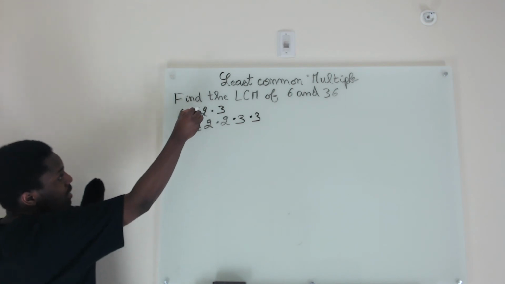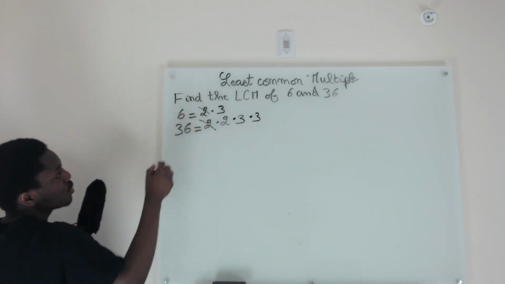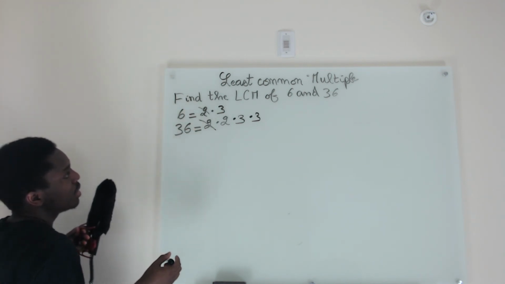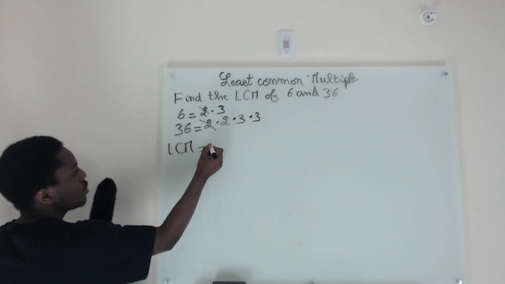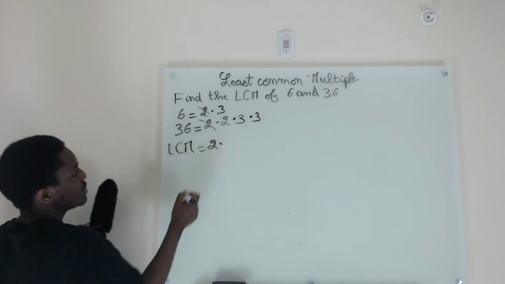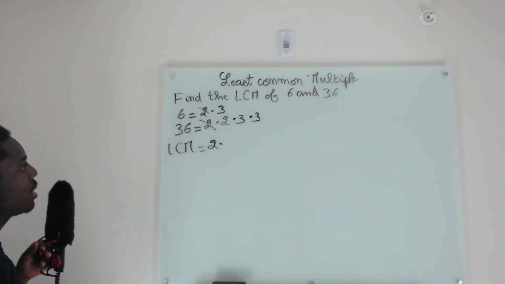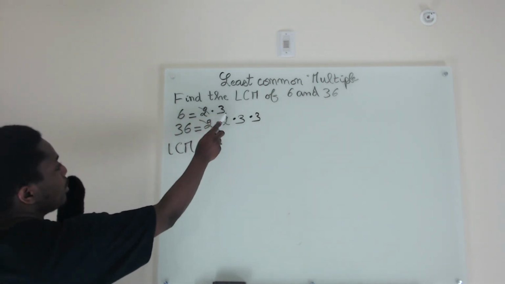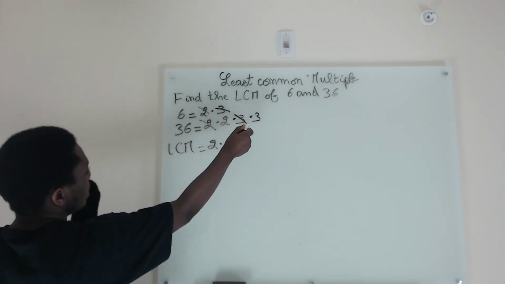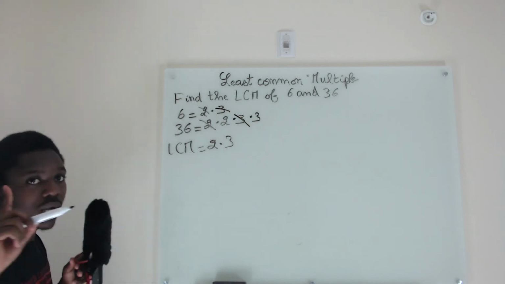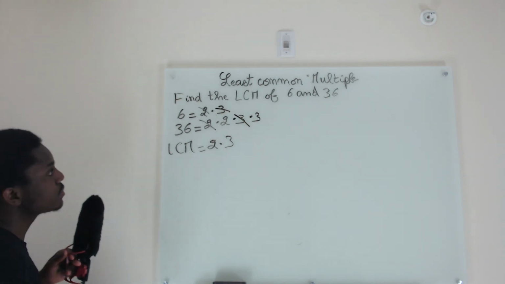So I can cancel these 2 right here and these 2 right here. Okay, then I write LCM is equal to 2 times. Okay, so there's 3 on the top. There's also another 3 on the bottom. So I can cancel this one and write only 1, 3 ones.